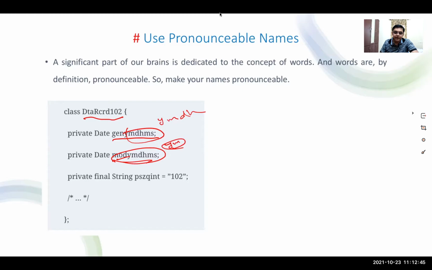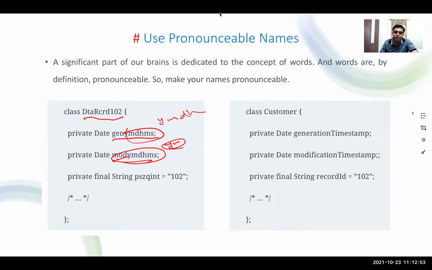But finally, what happens? I don't know whether this is pronounceable. Obviously no. Okay, so what you have to do is create something like this. Is this pronounceable? Yes. So generation timestamp, modification timestamp.